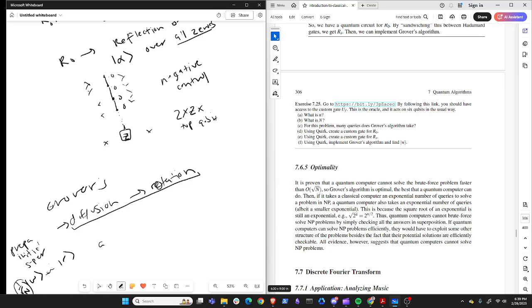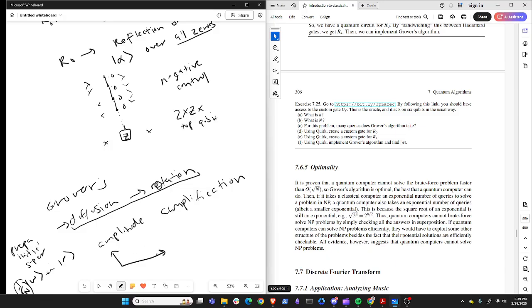It's amplitude amplification, and it's rotating the state vector, as we saw on that graph.